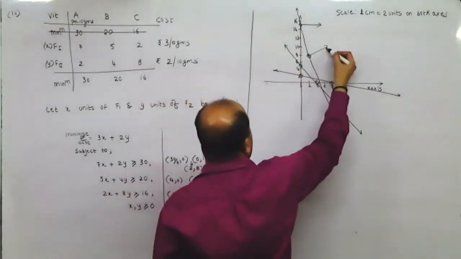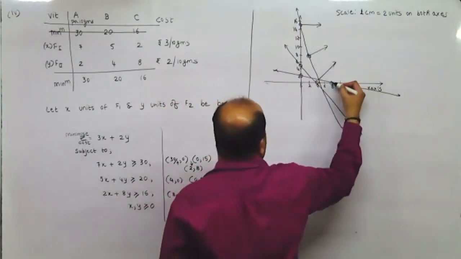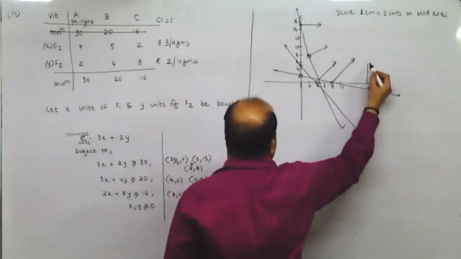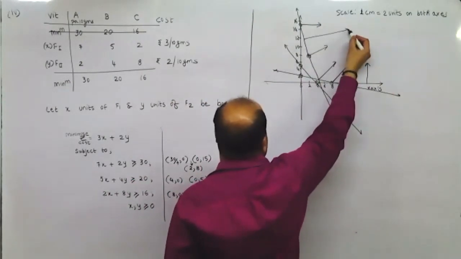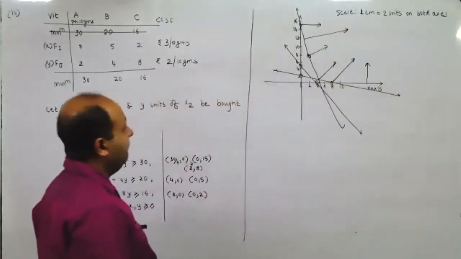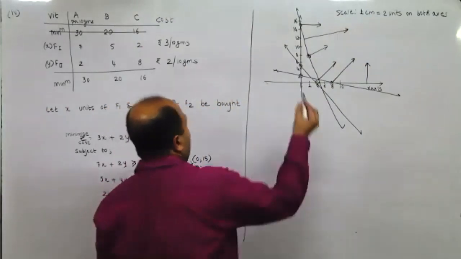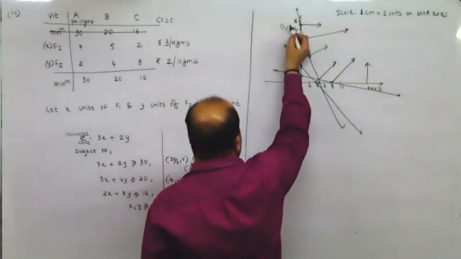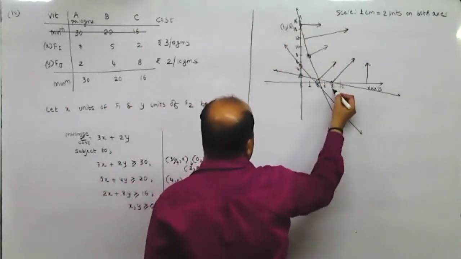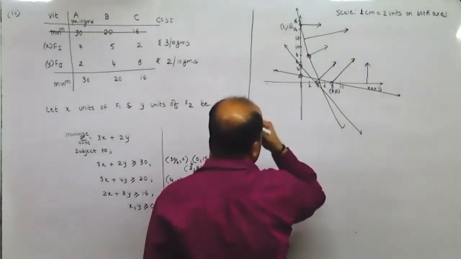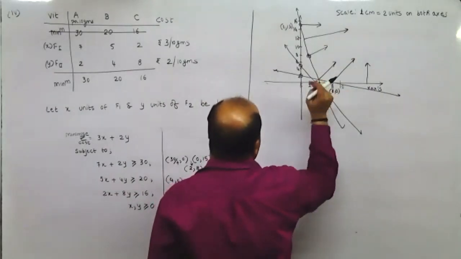So these are the values: 0 comma 15, 8 comma 0, and this point.